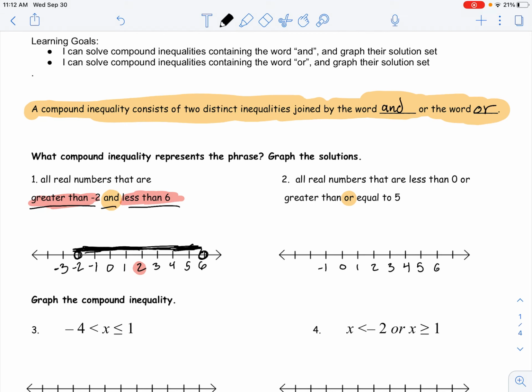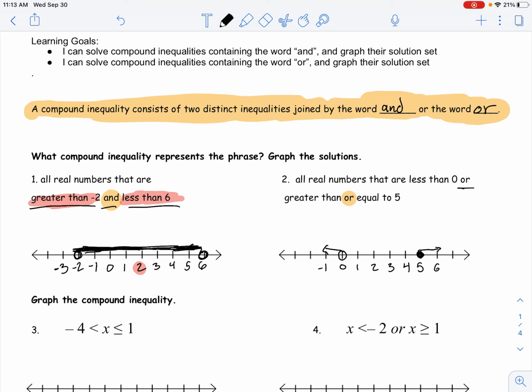Okay, for the next one, it says all real numbers that are less than 0. Okay, well, less than 0 would be this way. And then it says or greater than or equal to 5. Well, greater than or equal to means I'm going to have a filled in circle, and my arrow is actually pointing outward the other way.